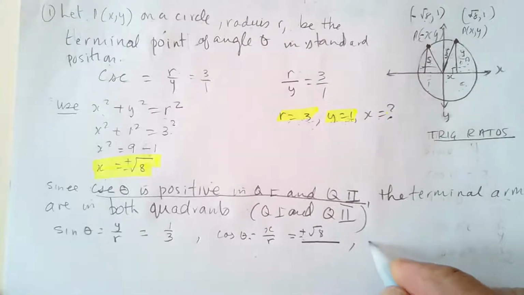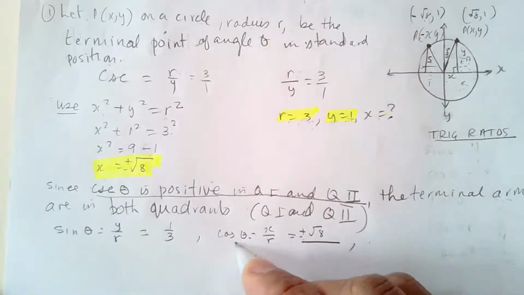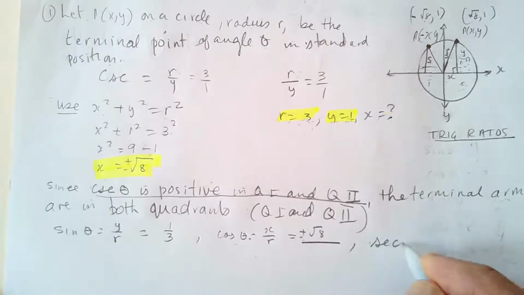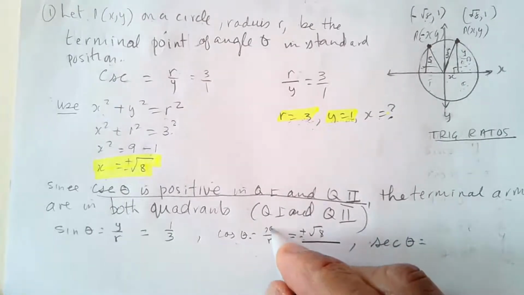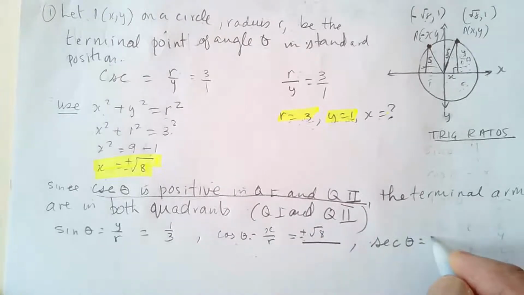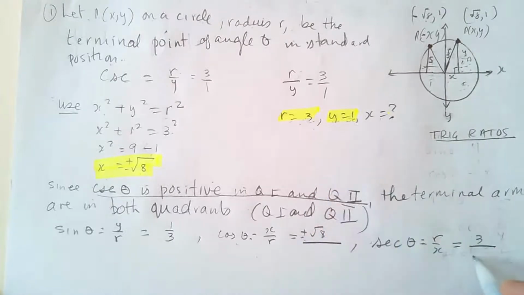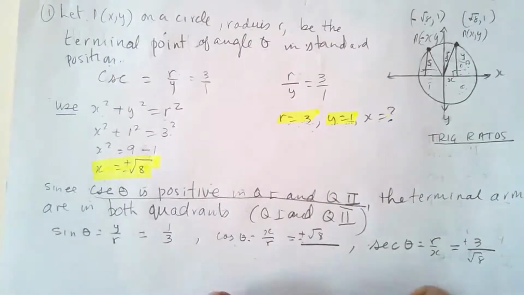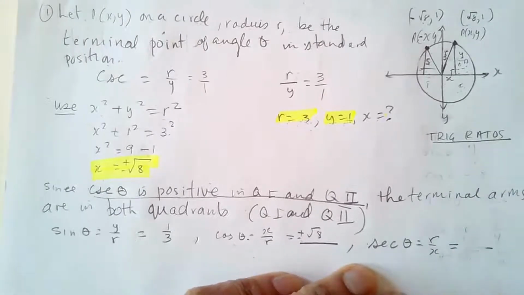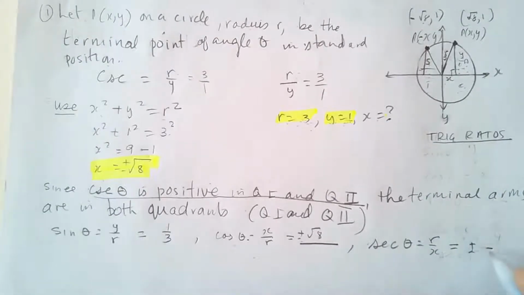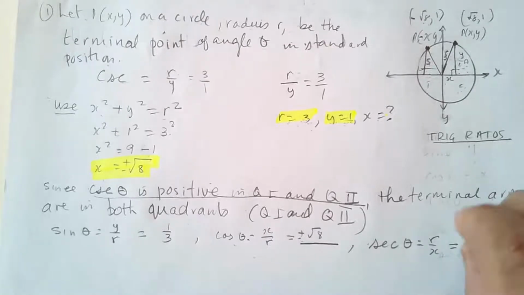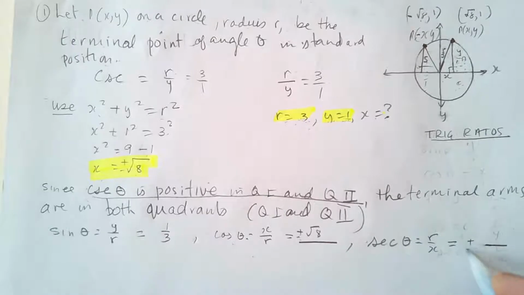Now we go on to the reciprocal of cos, which would be secant theta, which is going to be r over x. Which works out to be what? r is 3, plus or minus the root of x, which will be plus or minus 3 over root 8.